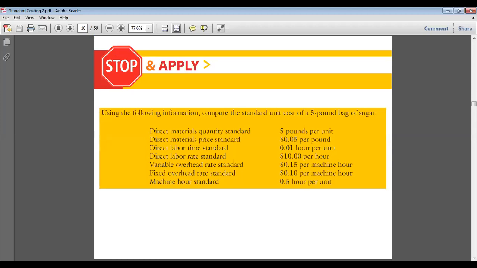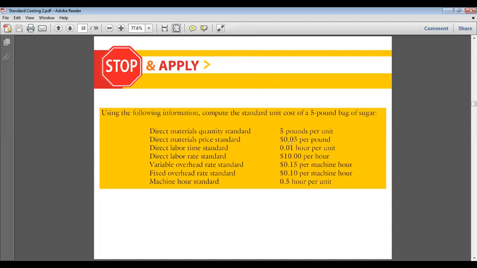Direct material quantity used is 5 pounds per unit. Then direct material price is $0.05 per pound. All these are given. So direct material quantity standard is 5 pounds per unit, and the material price is $0.05 per pound. So we'll multiply 5 pounds by 0.05.